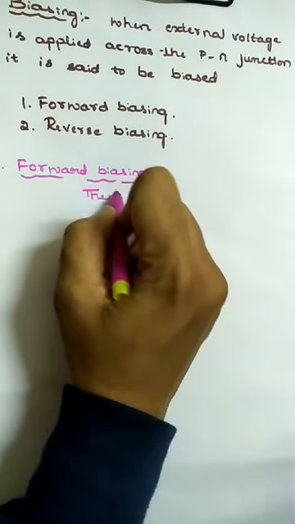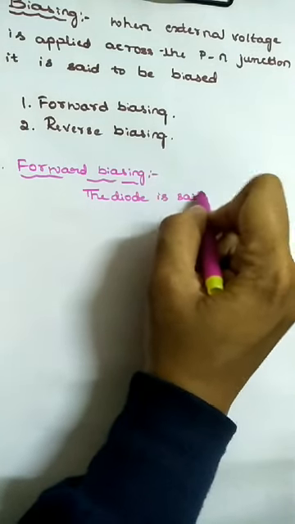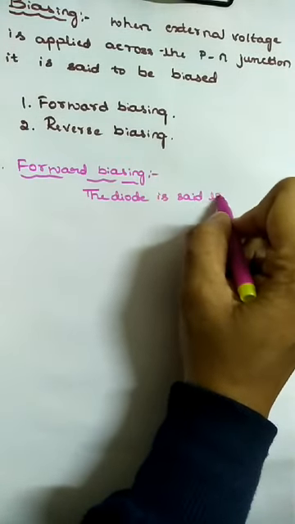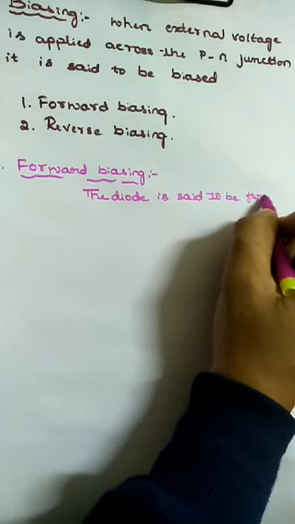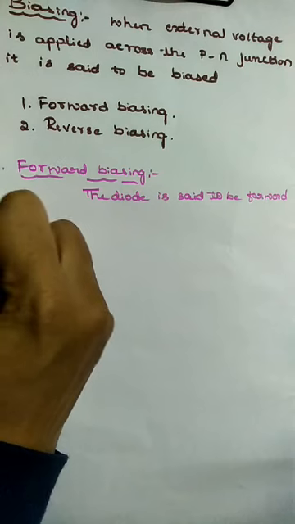The diode is said to be forward biased when the P side is connected to the positive terminal and the N side to the negative terminal of the battery.